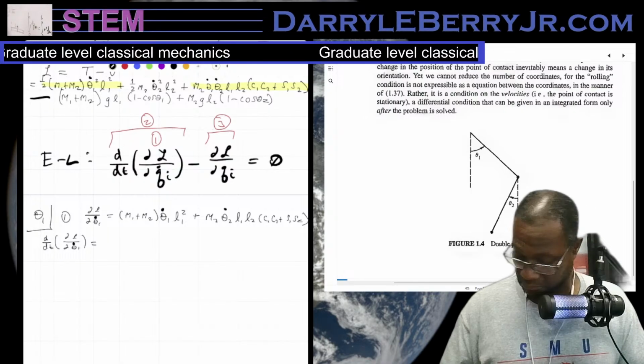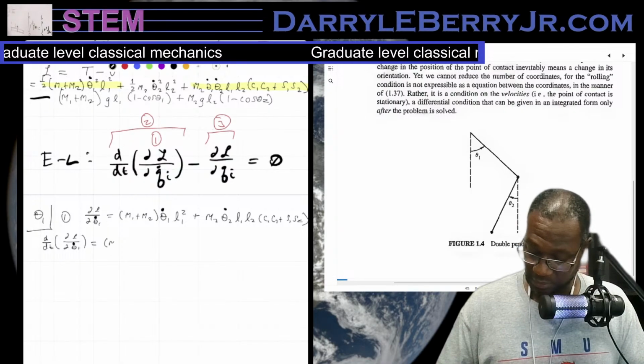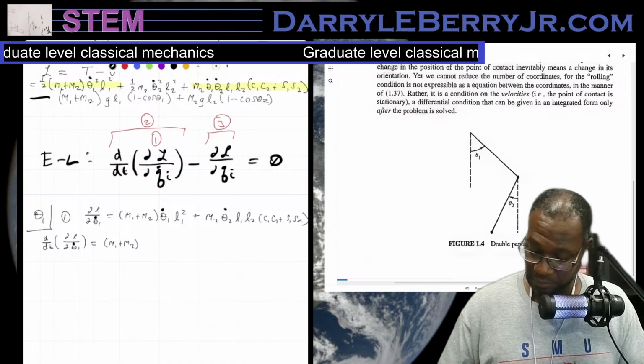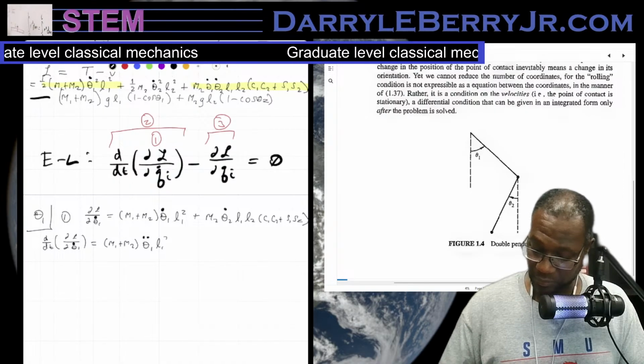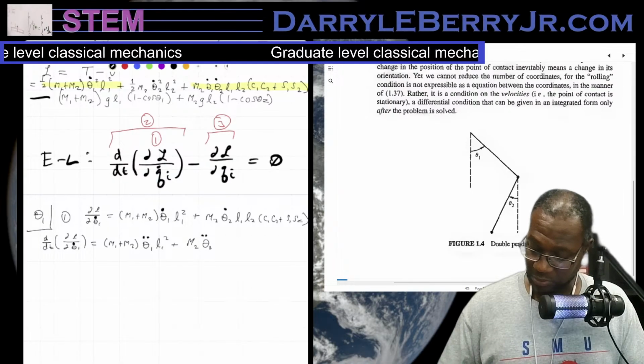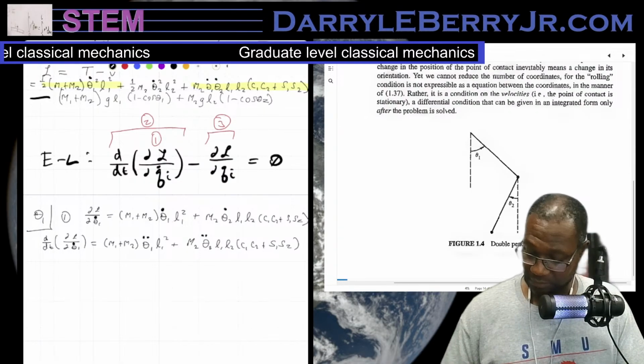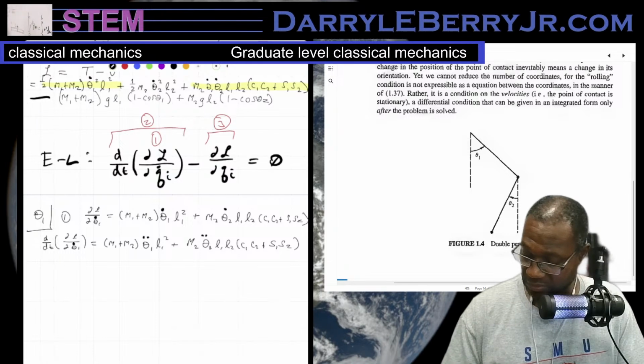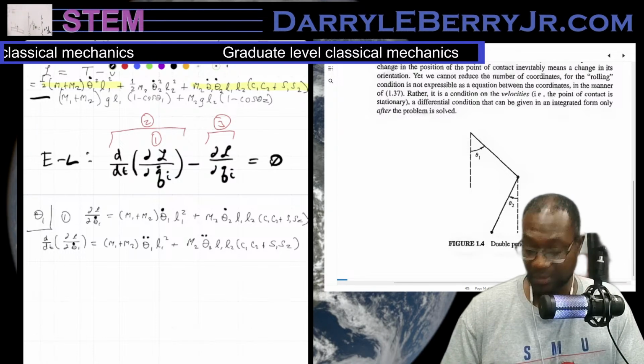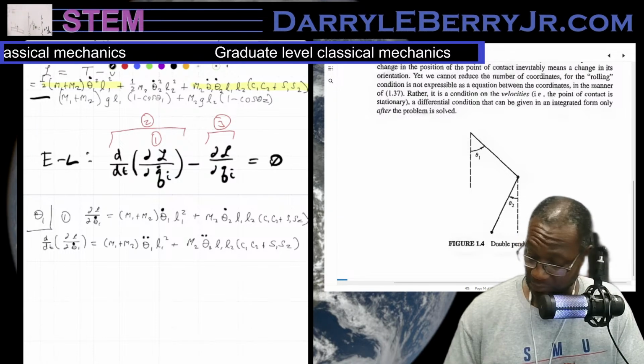So that should be easy enough. (M1 plus M2) theta 1 double dot L1 squared plus M2 theta 2 double dot L1 L2 (C1 C2 plus S1 S2). And C1 is cosine theta 1, C2 is cosine theta 2, S1 is sine theta 1, S2 is sine theta 2.